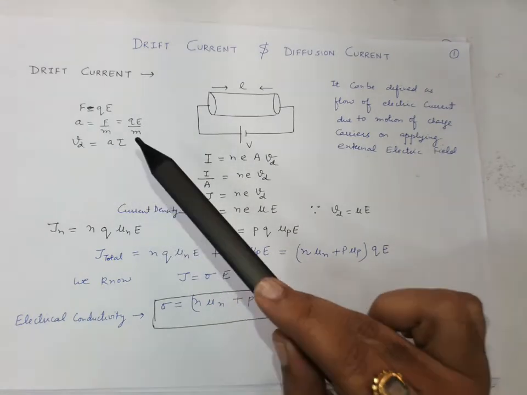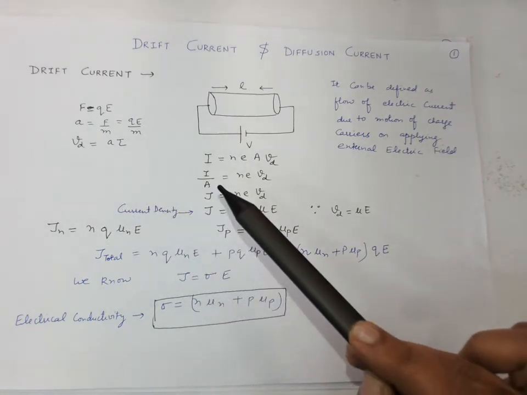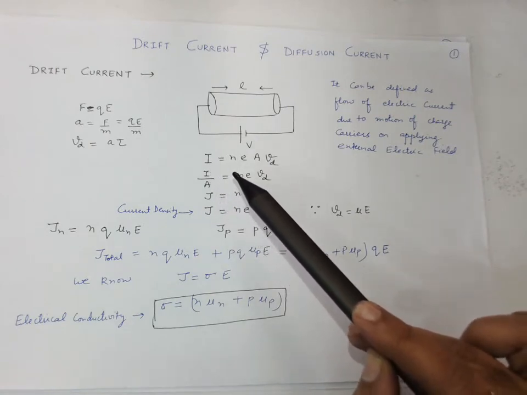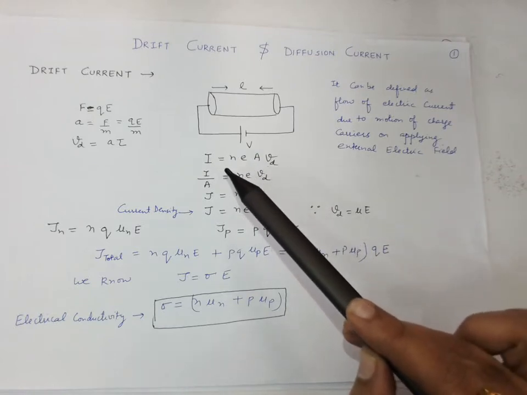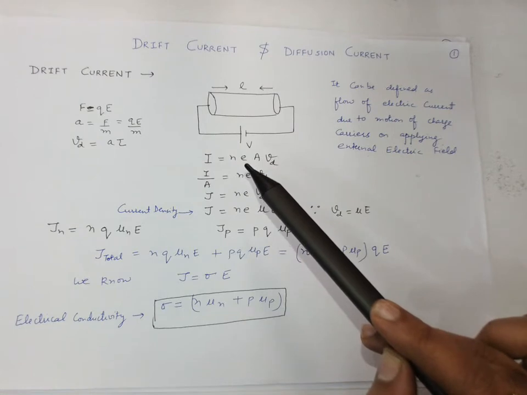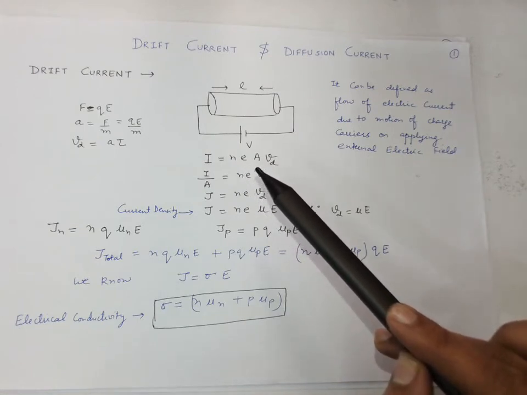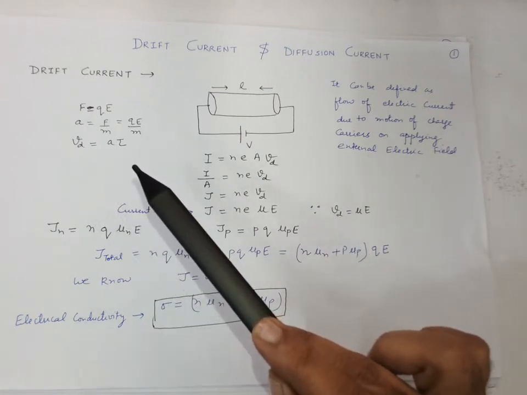Because of this drifting of the charge carriers, the current gets established, which is given by I = neAvd. What is n? n is the number density of the charge particles. e is the charge on the electron. A is the area of cross section of the semiconductor. vd is the drift velocity, which I have taken, vd = a into tau.